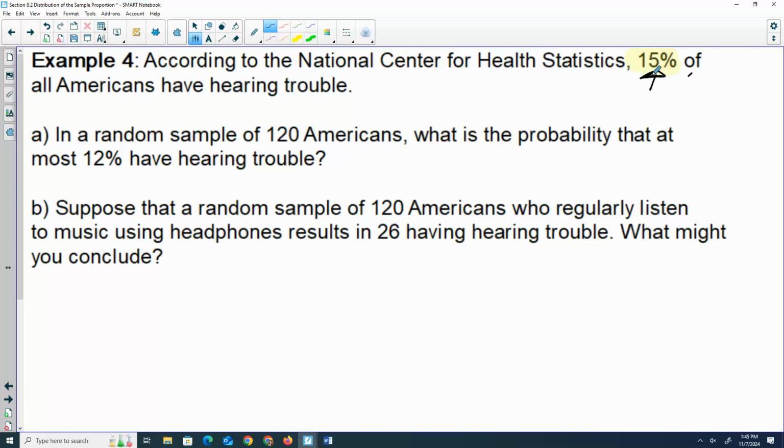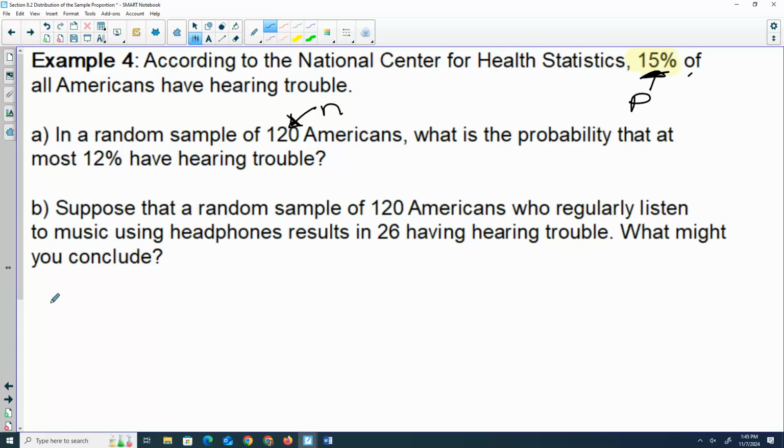That's our P. Anytime we see percents, we're talking about that proportion there. Thank you. And a random sample of 120 Americans. What's the 120? What's the probability that at most 12% have hearing trouble?